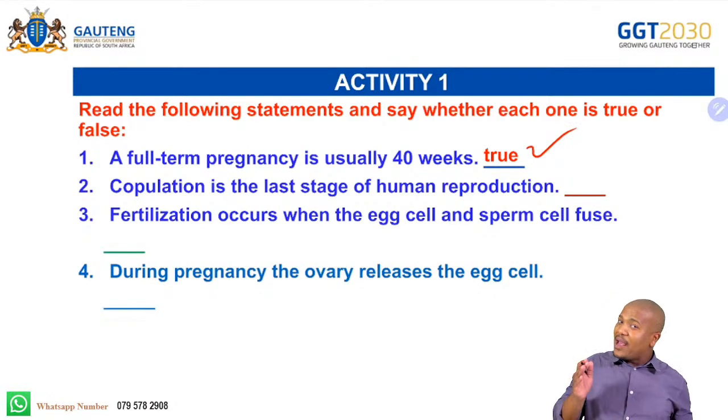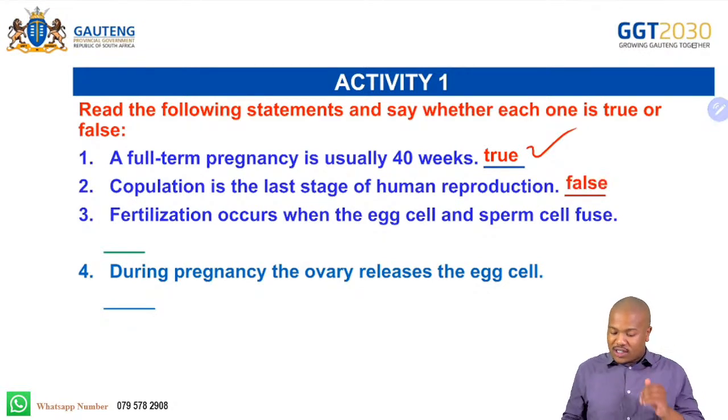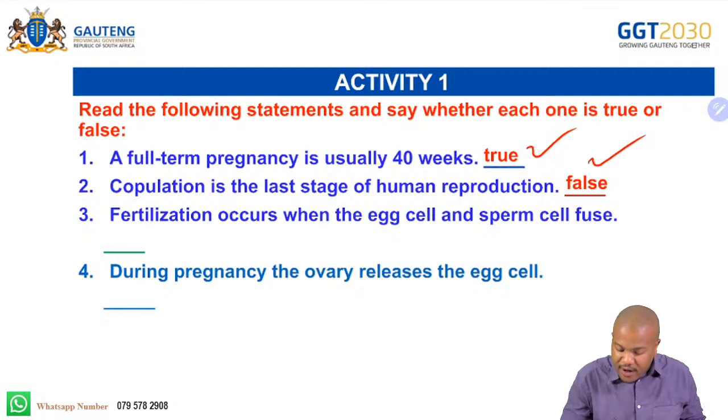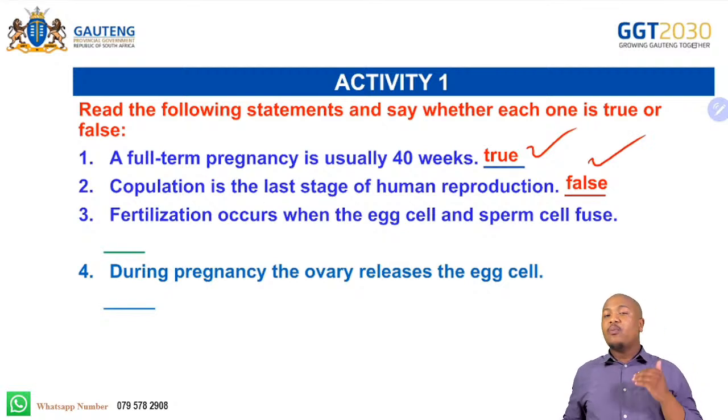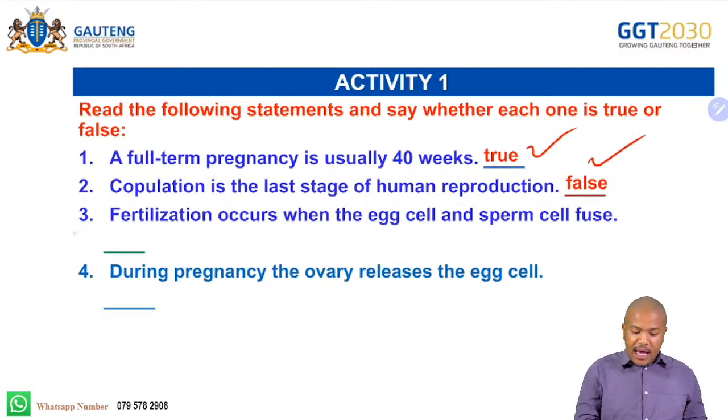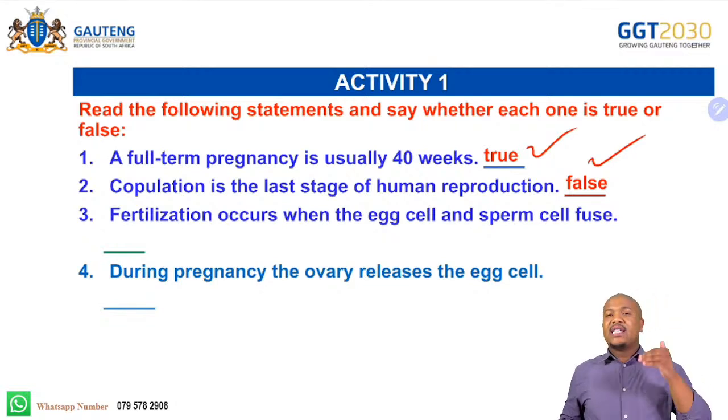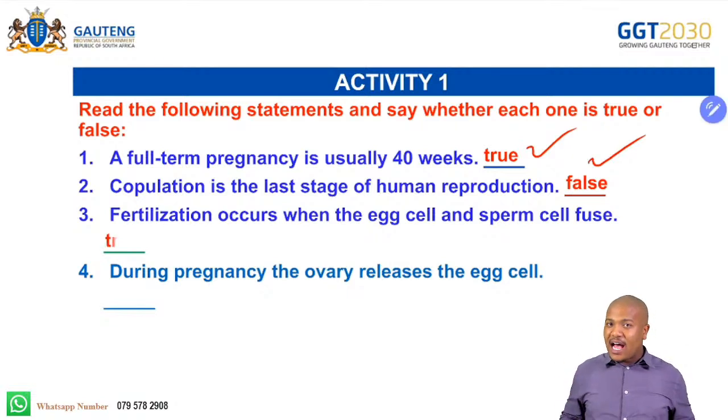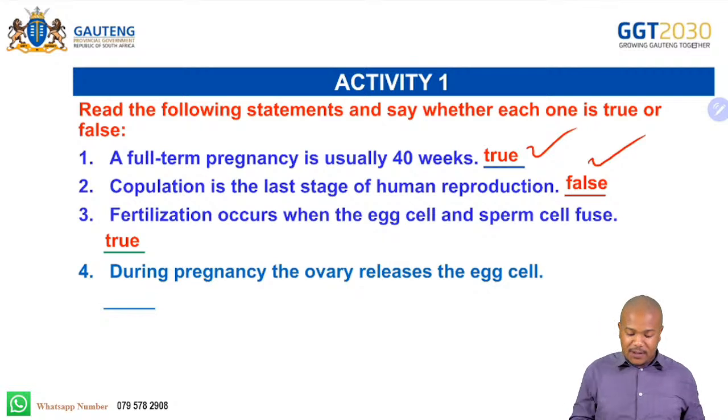That is false, right? It is the first stage of human reproduction. Number three, fertilization occurs when the egg cell and sperm cell fuse. The answer is true, right?